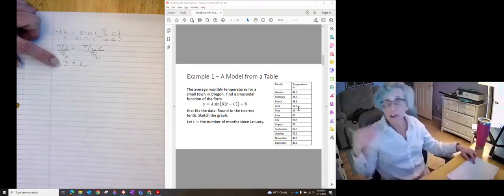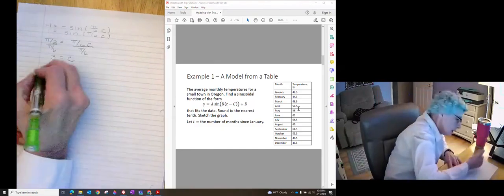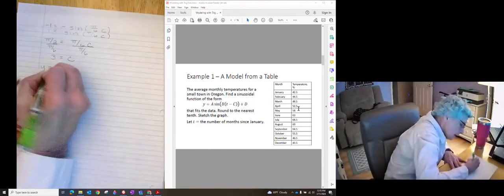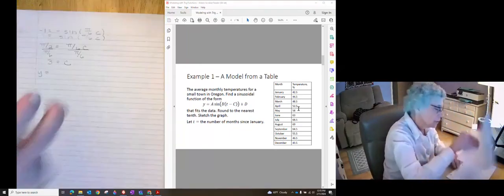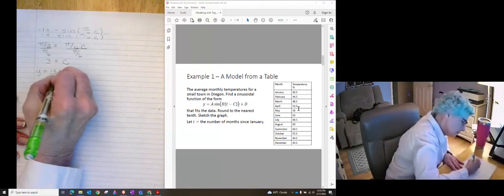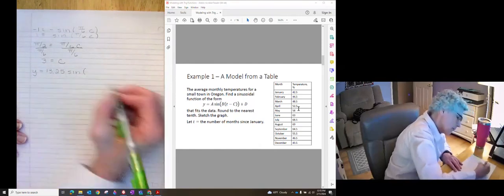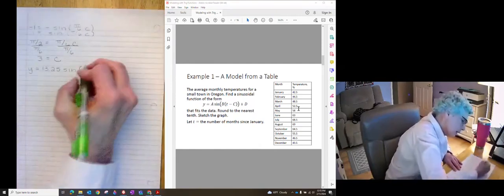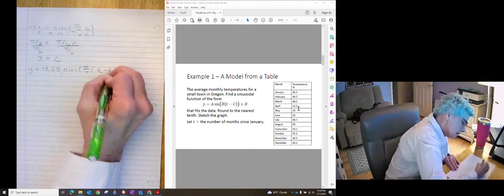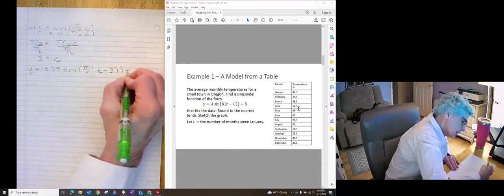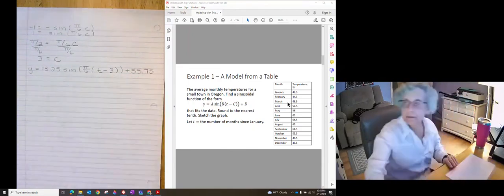So if I were just eyeballing it, I would have picked 3 as well. So I get y is equal to, and now I have to look back over here, 13.25 sine of, and my b was pi over 6 times (t minus 3), plus 55.75.